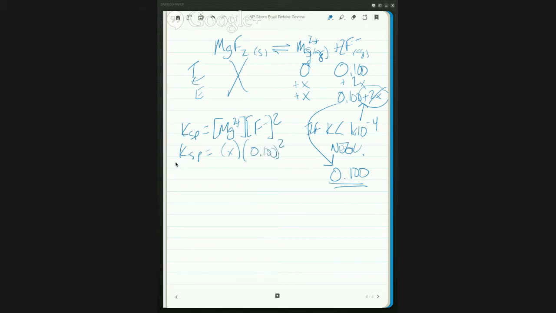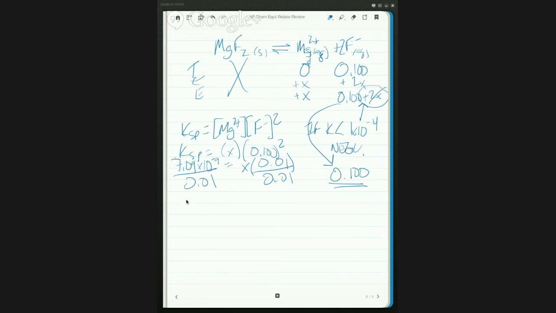And if you remember, KSP is equal to 7.09 times 10 to the negative 9th, which equals x times 0.1 squared, which is 0.01. Then you need to divide both sides by 0.01, which is basically multiplying times 100.